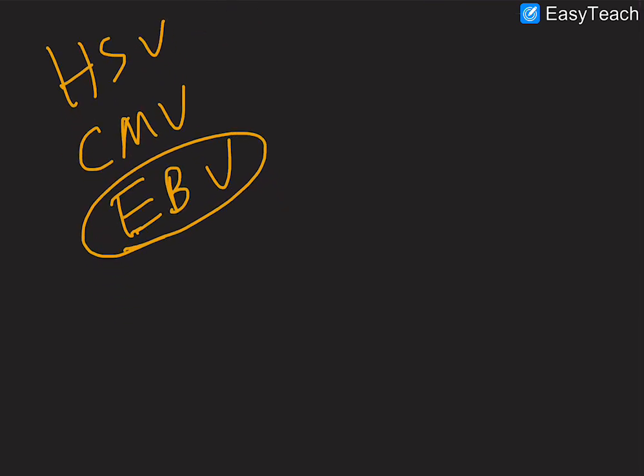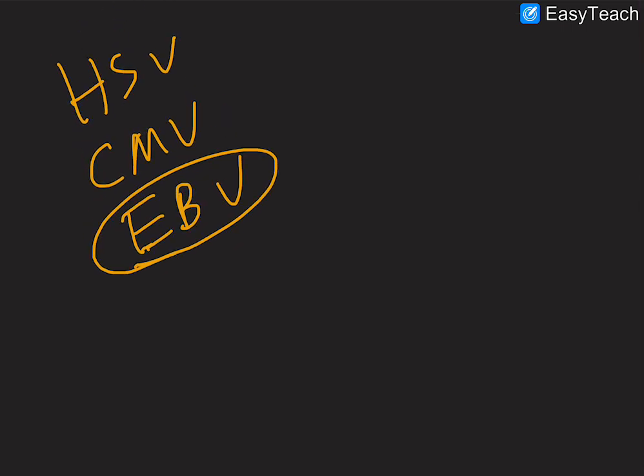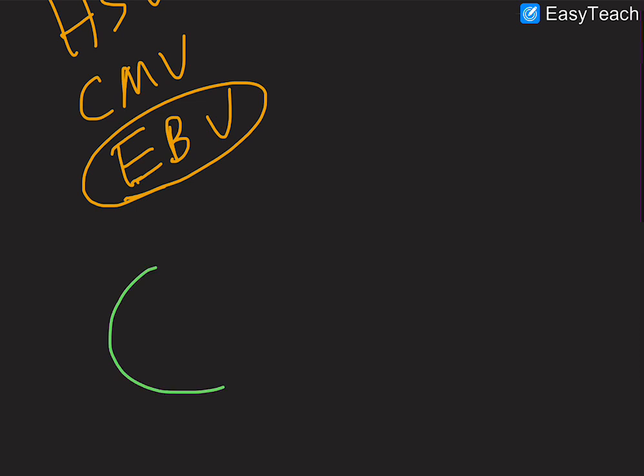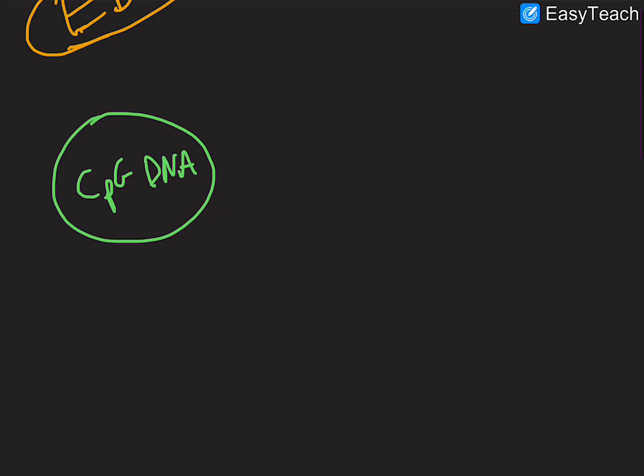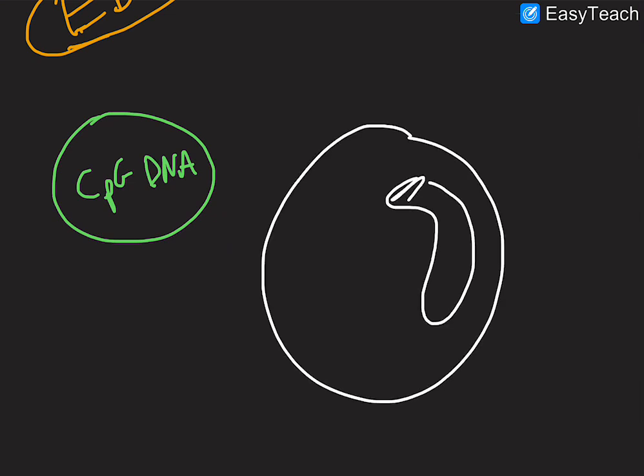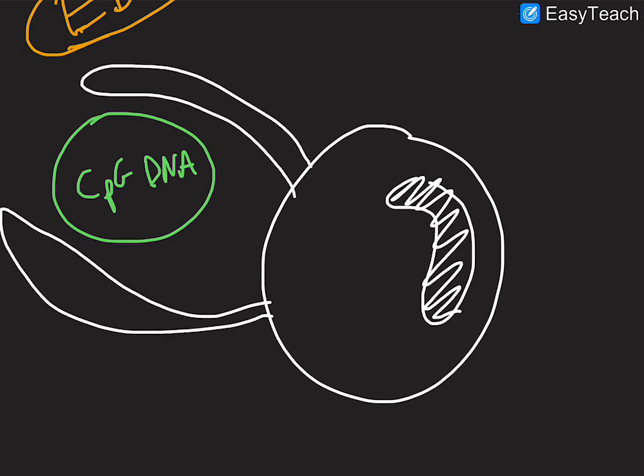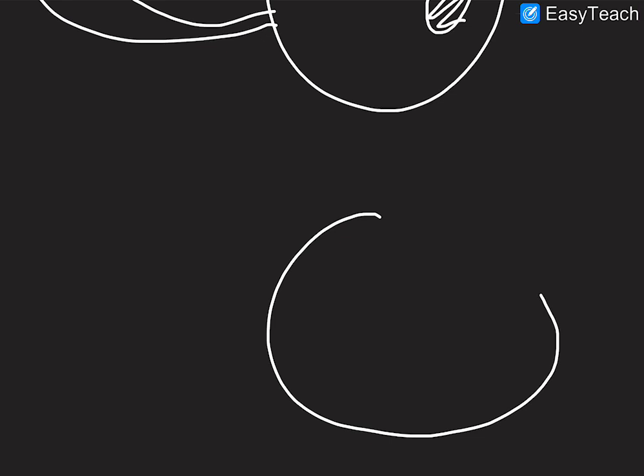But let's go ahead and see how these viruses activate Toll-like receptor 9. If we take these examples and say that this is our virus, and our virus has our CpG DNA inside it, unmethylated, and we have a dendritic cell or a macrophage nearby that will see this virus and phagocytose it, we know that leads to the production of a phagosome or an endosome.